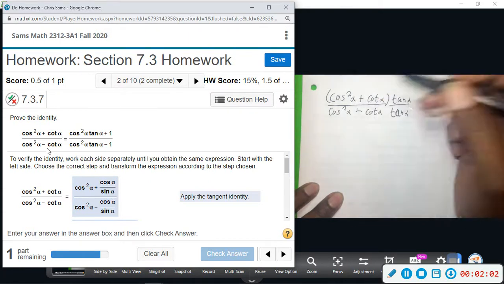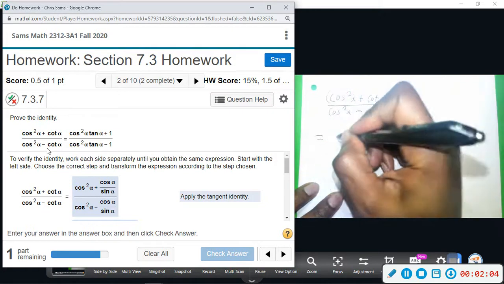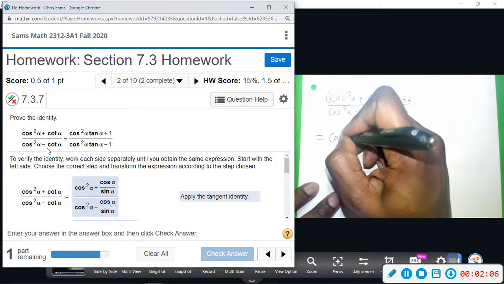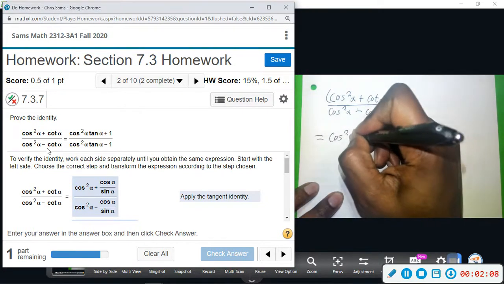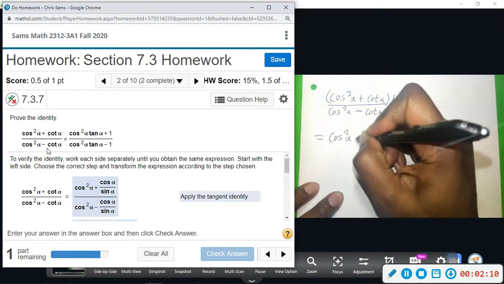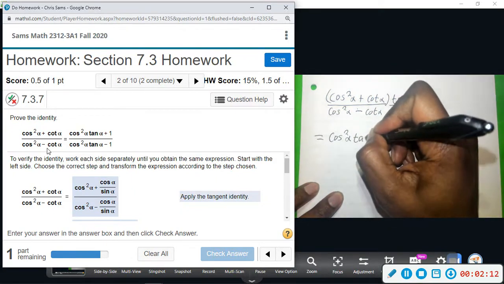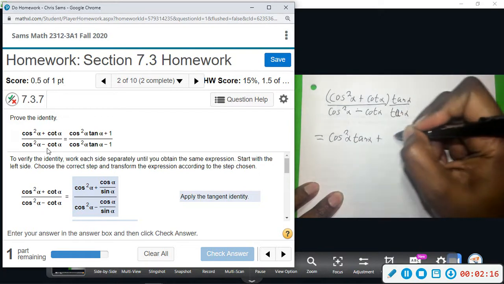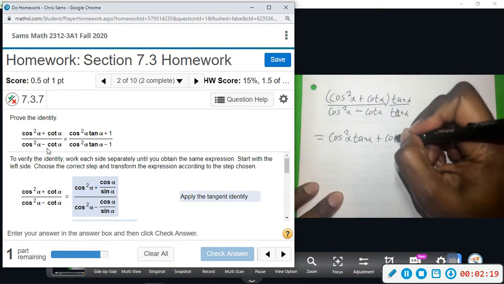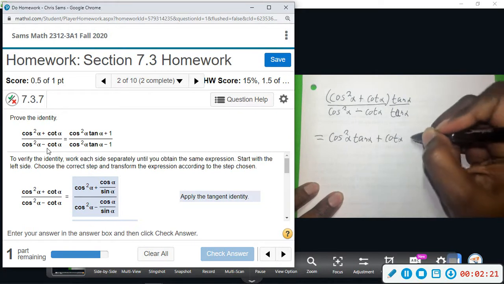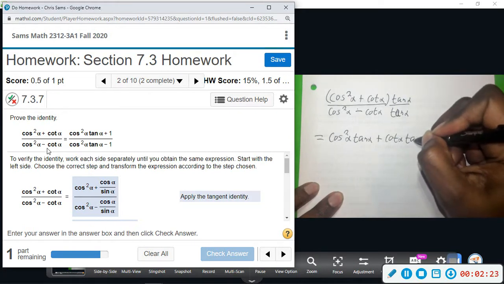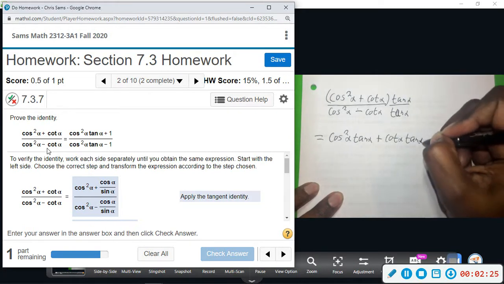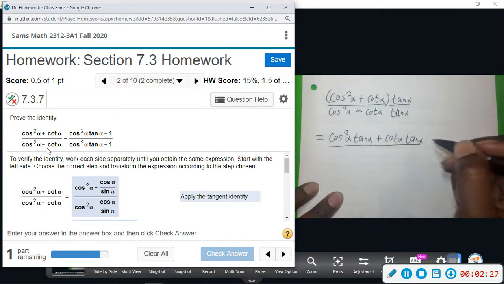So when you distribute tangent, we get cosine squared alpha times tan alpha, and then plus cotangent alpha times tangent alpha. Then on the bottom we have something similar.